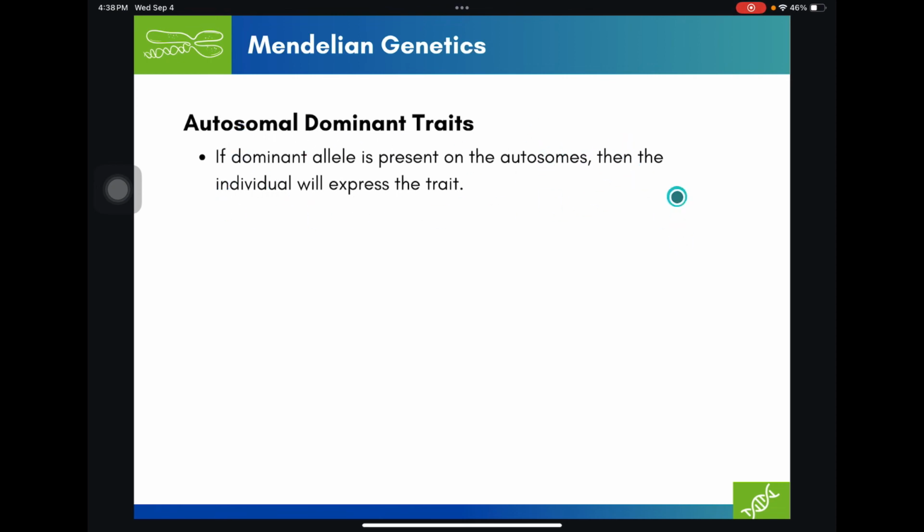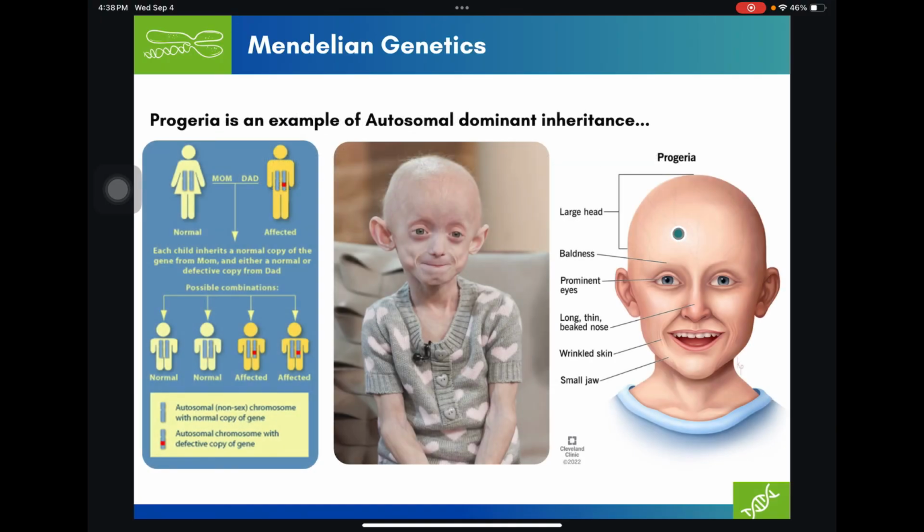However, sometimes the dominant allele in your autosomes may carry some variations that may lead to a disorder or perhaps a syndrome. Like this one, progeria is an example of autosomal dominant inheritance, wherein the parents were able to pass this down to their children.